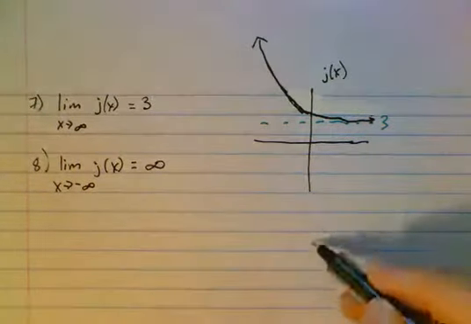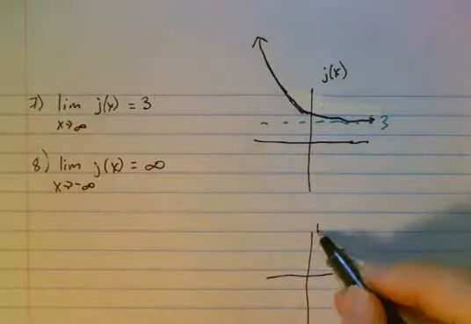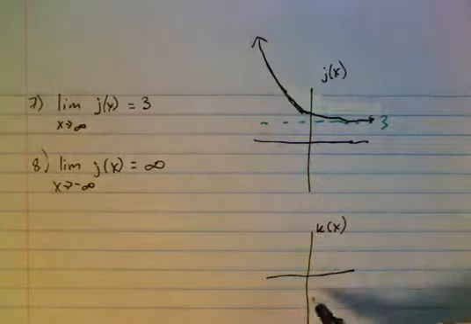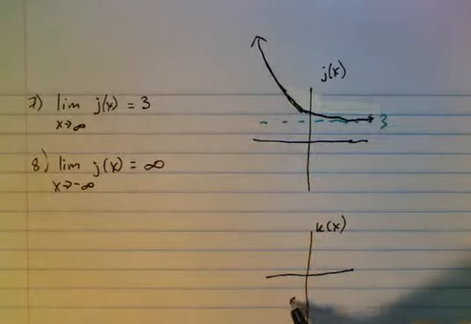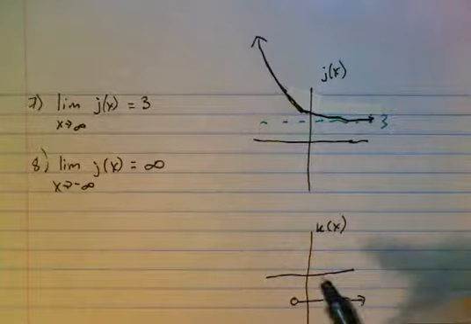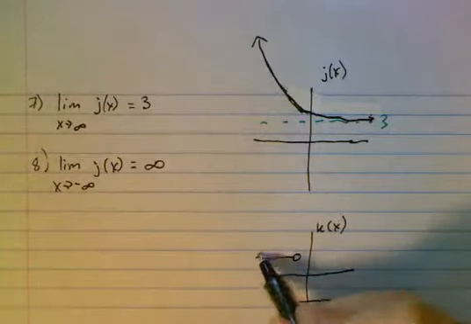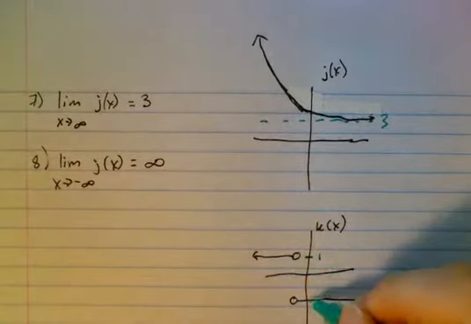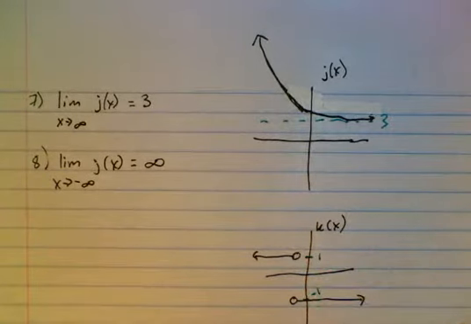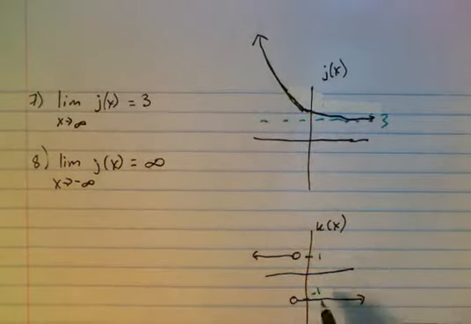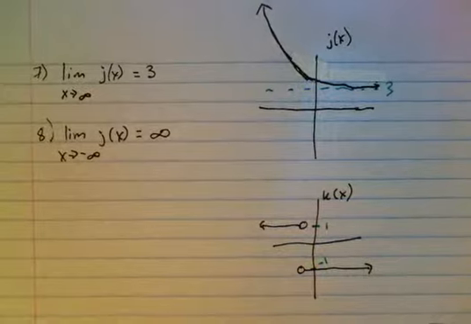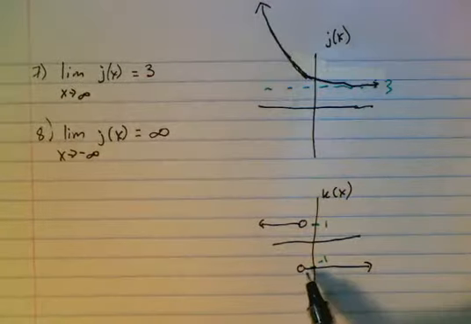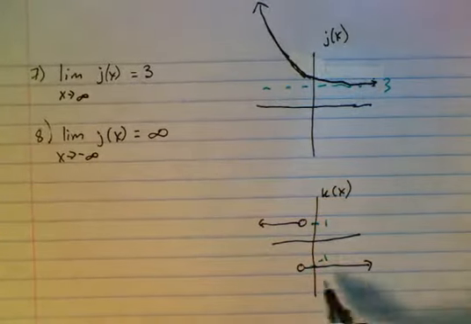Finally, we can have a function that looks like this. Let's say this here's crossing at 1, this here's crossing at negative 1. It's just a constant line. It's just that there are two different constant lines.